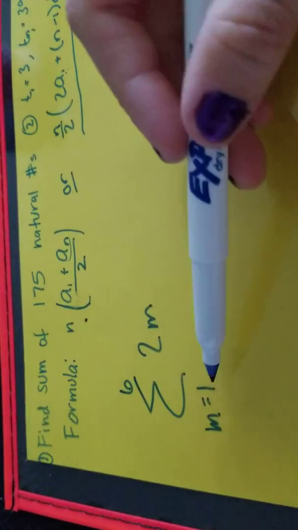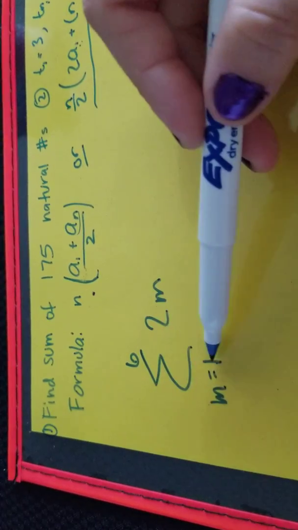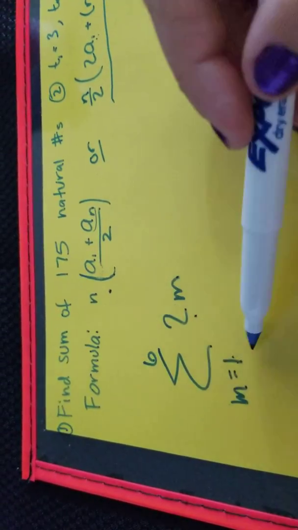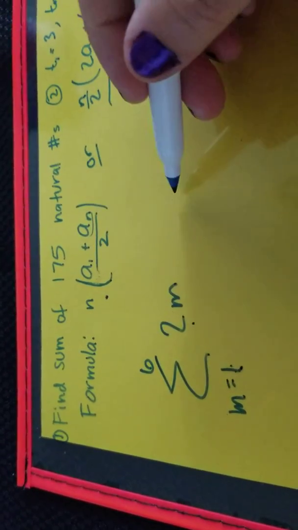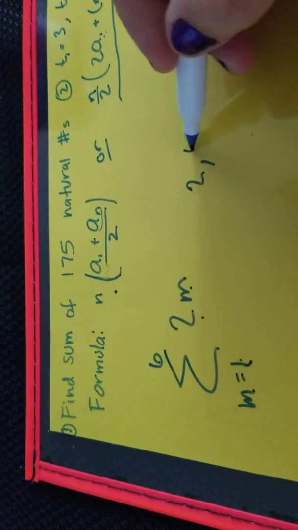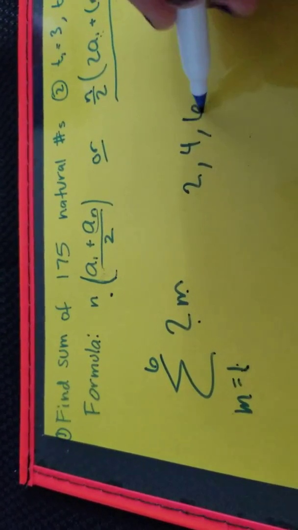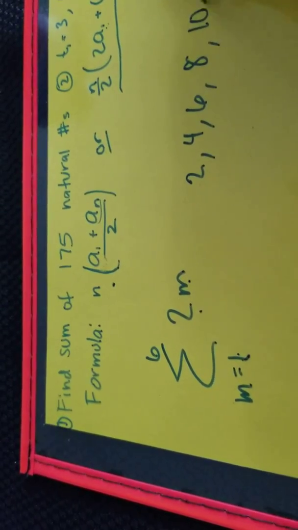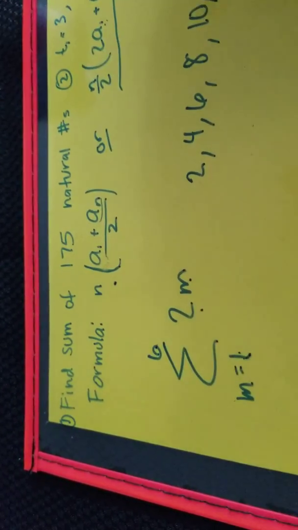But you have your values for m. It's just a matter of plugging them in and then adding. So 2 times 1 is 2. 2 times 2 is 4. 2 times 3 is 6. 2 times 4 is 8. 2 times 5 is 10. And 2 times 6 is 12.